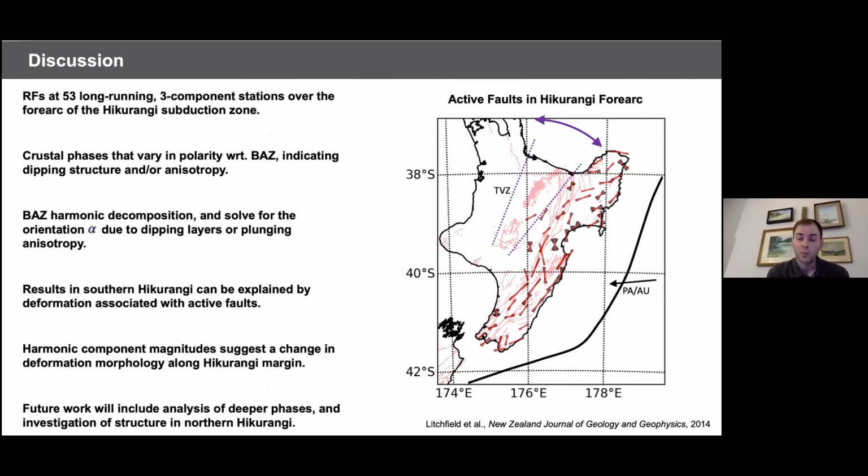So this indicates the presence of dipping structure or anisotropy, and so we perform our harmonic decomposition to try to figure out the orientation of the structure within the overriding plate. We see this coherent pattern, but changes in magnitude and orientation that suggest totally different changes in the mechanism of deformation from north to south along the margin.